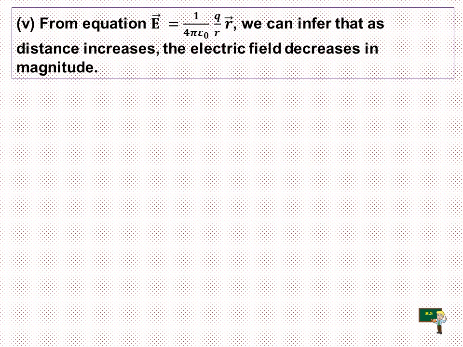Fifth point, from the equation E vector is equal to 1 by 4 pi epsilon 0 Q by R square into R cap, we can infer that as the distance increases, the electric field decreases in magnitude. That we all know.